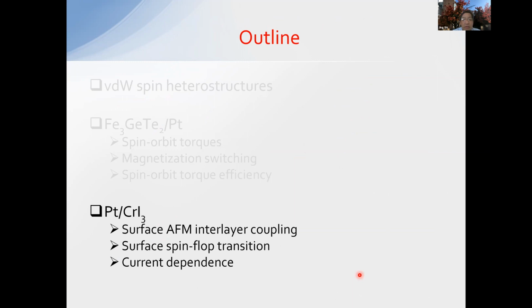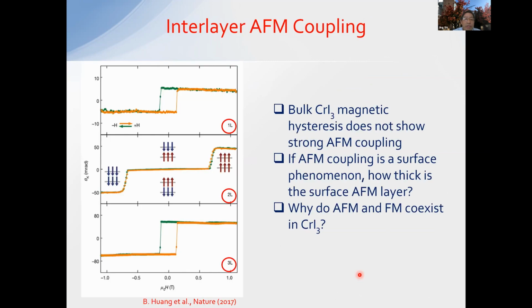So in the remaining time, I'd like to talk about the other structure, the inverted structure. We have a platinum under the chromium triiodide layer. Everybody knows this for the thin film regime: if you get down to a few layers, we see this oscillation in the coupling between layers. Single layers are ferromagnetic, then you have an antiferromagnetic coupling between two layers.